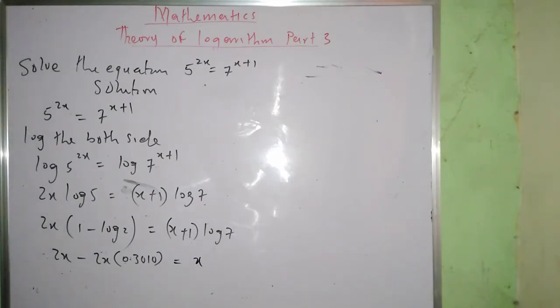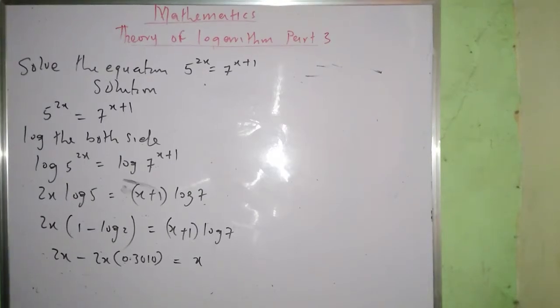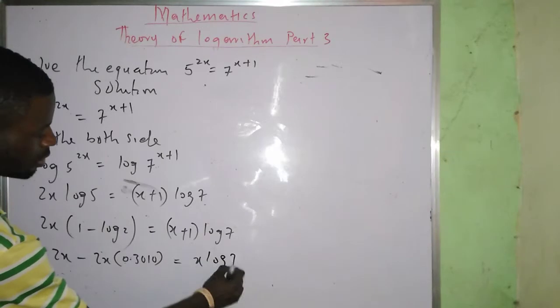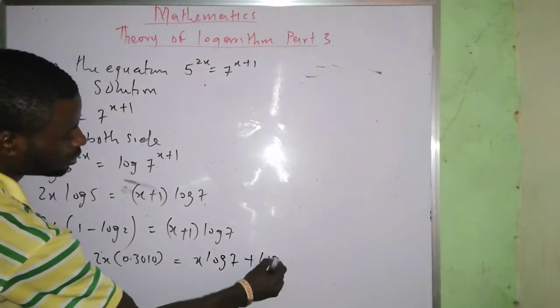My log 7 can be given as, press your calculator, whatever you get as log 7 is going to be given. I have log 7 and plus log 7.